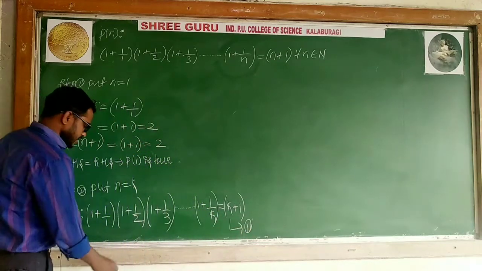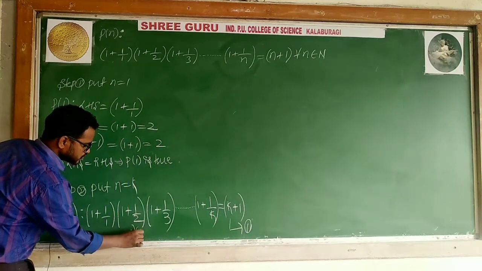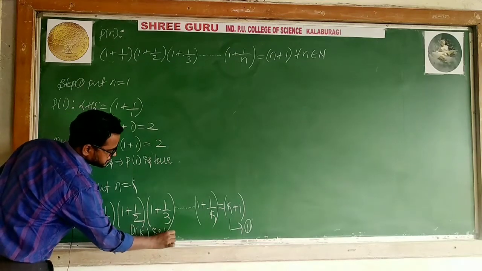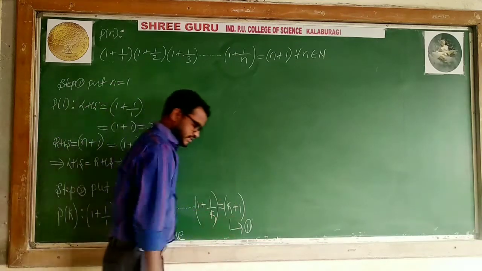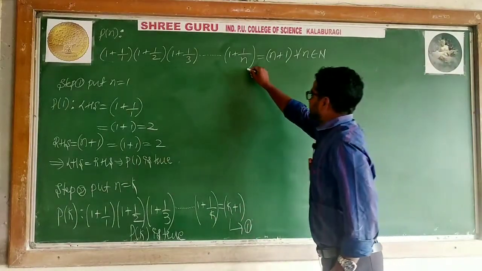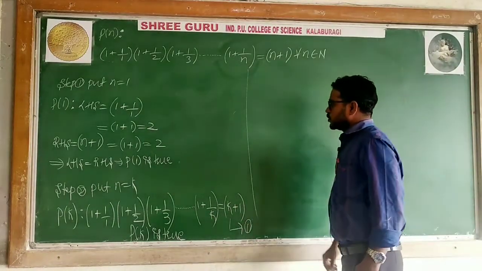P of k is true because it looks the same as the given statement. So P of k is true.